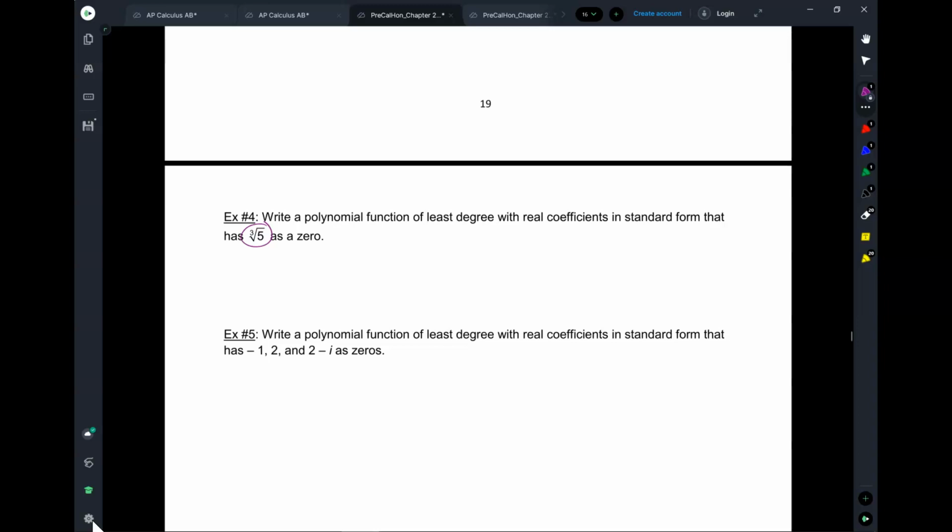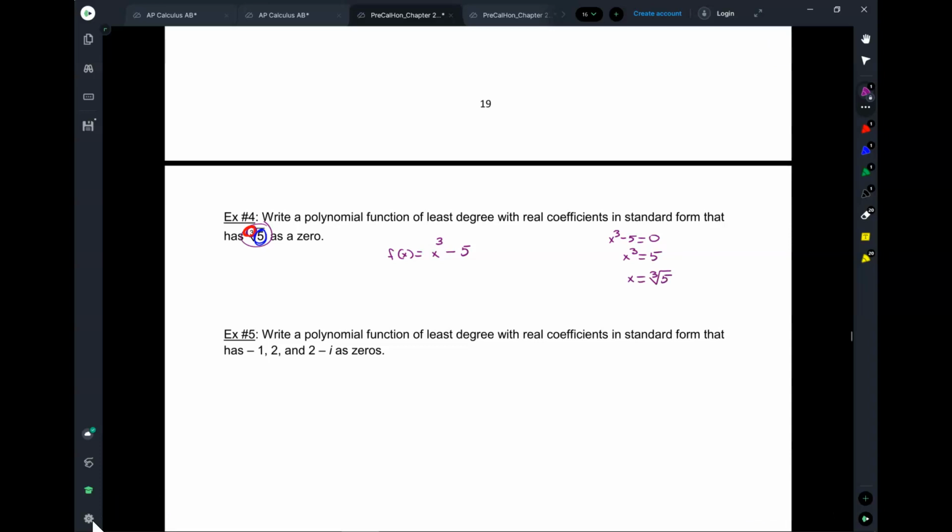Okay, so since this is a cube root, what you're going to do is say f of x is equal to x cubed minus 5. Okay, x cubed, this number, minus 5, this number. Well, let's see if that actually works. If we solve that, do we get that same cube root? x cubed equals 5, x equals cube root of 5.